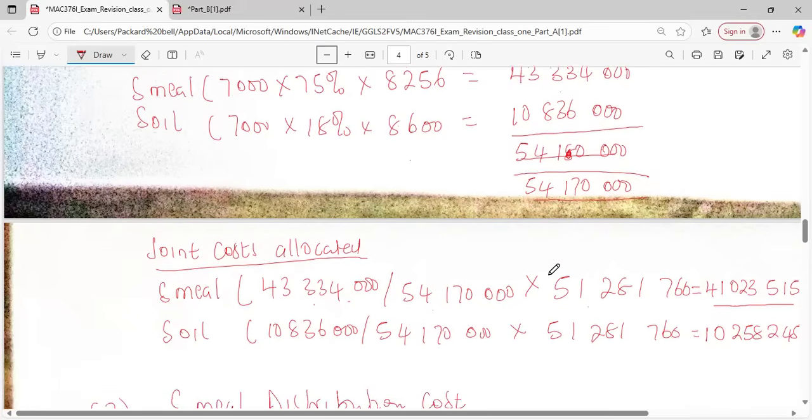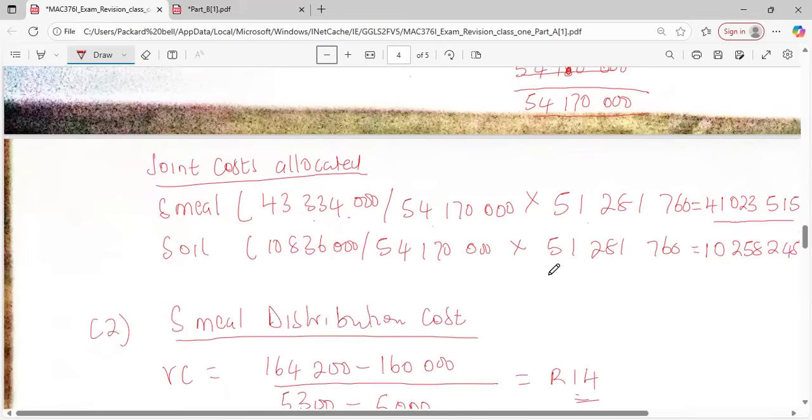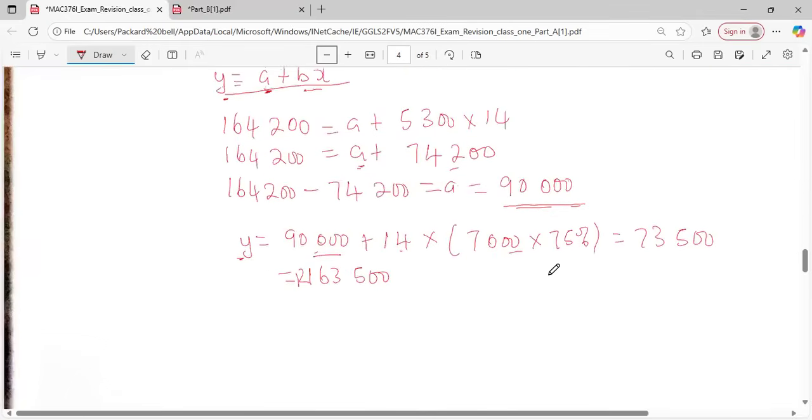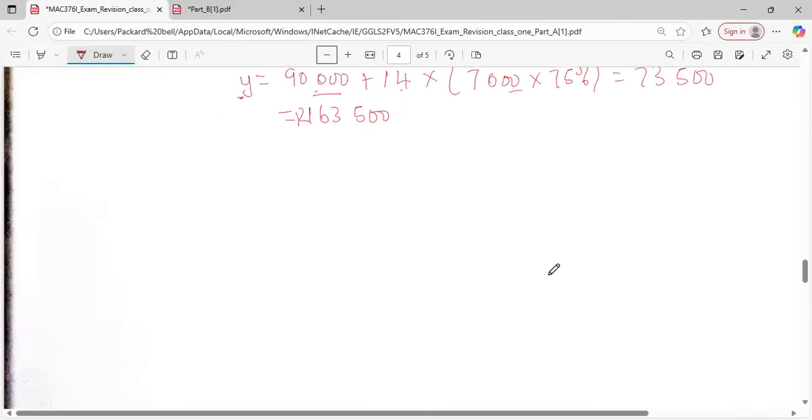if you can have access to Mac 3701, get a Mac 3701 and Mac 3702 for basic principles. Why? Because your Mac 3761 does not cover the full syllabus. If you focus more on Mac 3761 question papers, you are not covering the full syllabus.